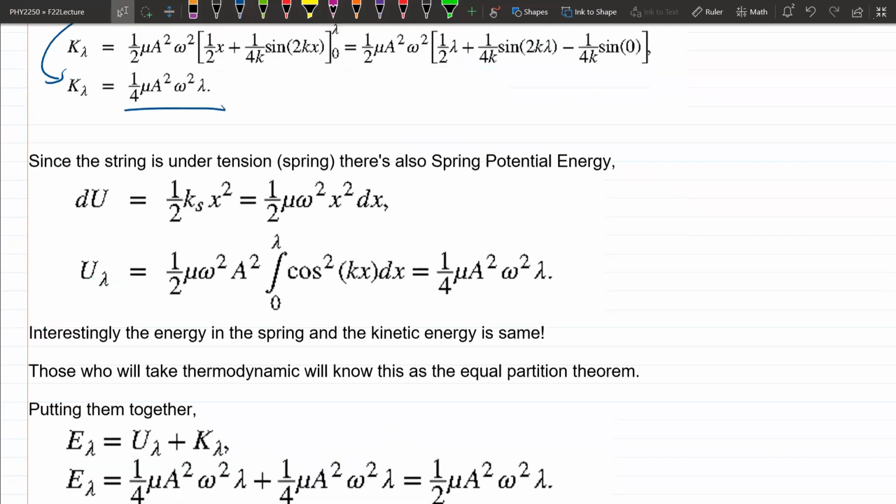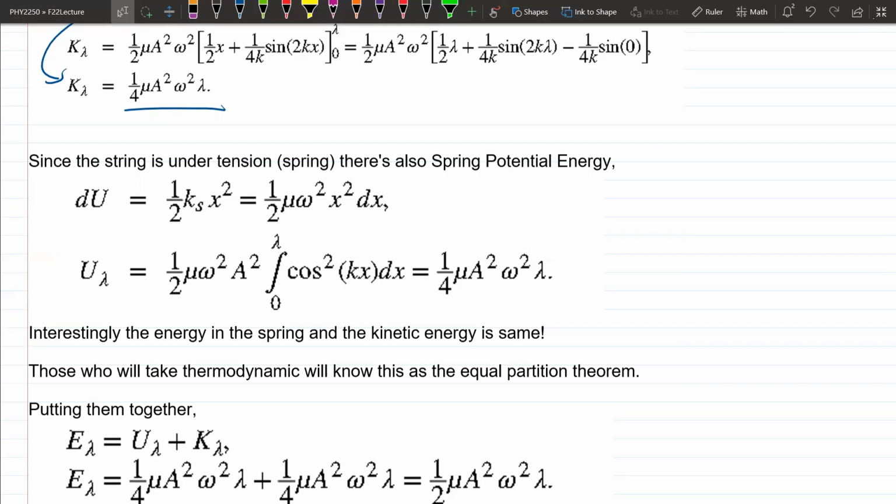Since the string is under tension, that tension is kind of like a spring, and that spring is also storing energy. The energy stored in a spring is 1/2 kx squared, as opposed to 1/2 mv squared.